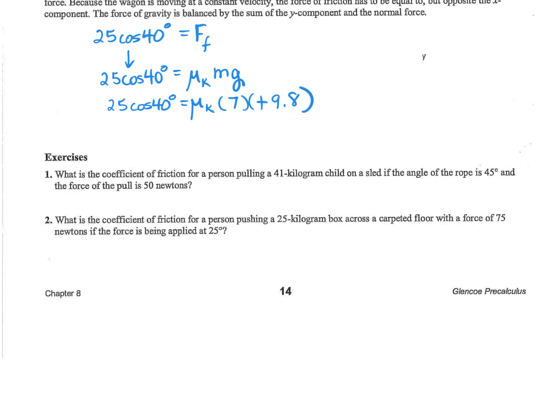So now how would we solve this for mu sub k? It's just an algebra problem, isn't it? Divide both sides by 7 and divide both sides by 9.8. So can I solve that problem?